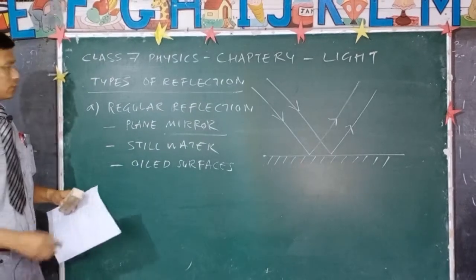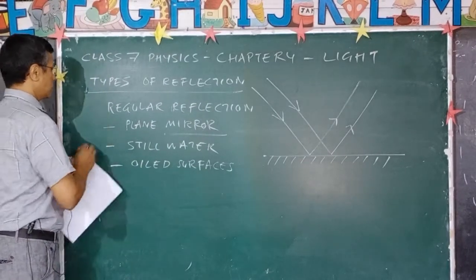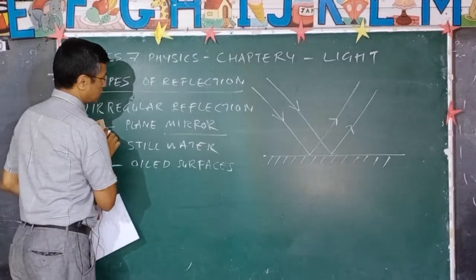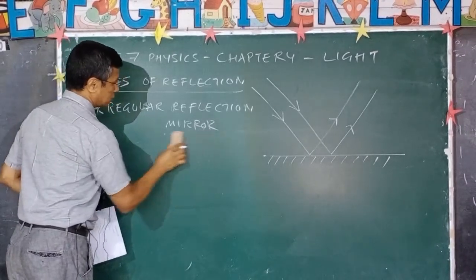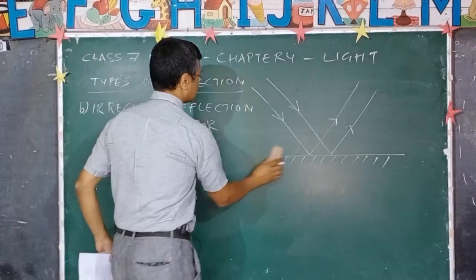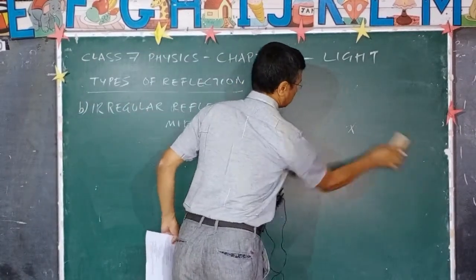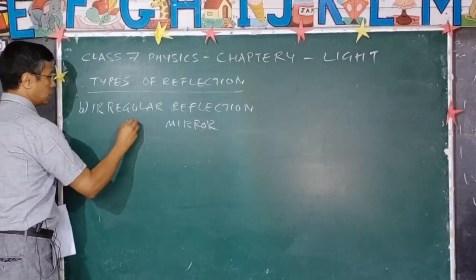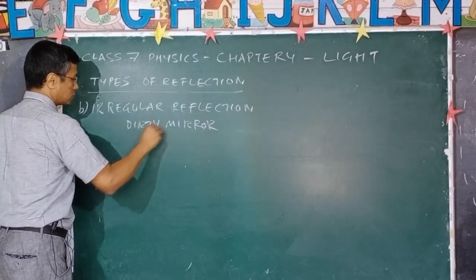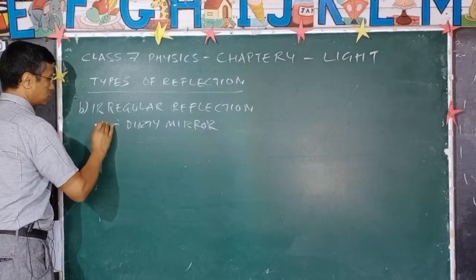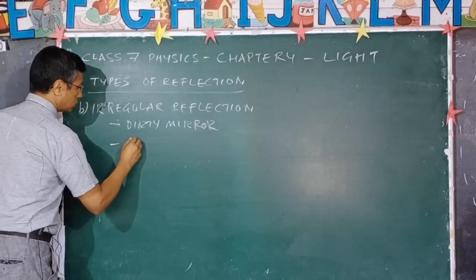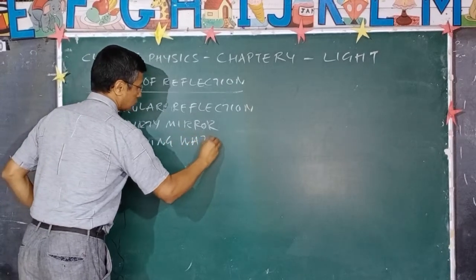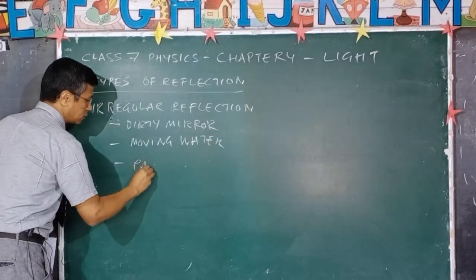Another type of reflection is called irregular reflection, and you can observe this kind of reflection taking place in surfaces like a dirty mirror, moving water, or painted surfaces.